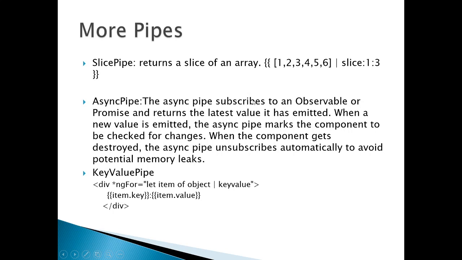So the async pipe subscribes to an observable or promise and returns the latest value it has emitted. When a new value is emitted, the async pipe marks the component to be checked for changes. When the component gets destroyed, the async pipe automatically unsubscribes itself to avoid any memory leakages. So this is the async pipe that can be used with observables.